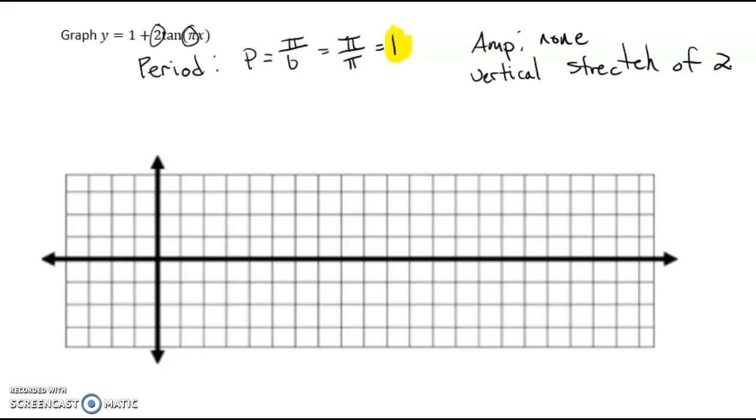Okay, and then this is going to move my graph up 1. And so we'll have to keep that in mind as we go through our graph.